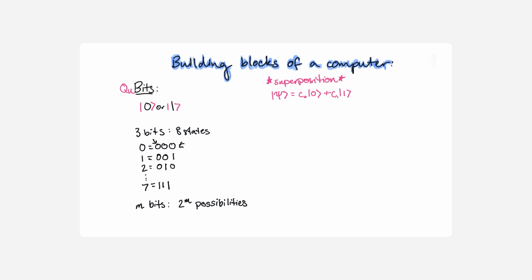These coefficients are generally complex numbers, so they can be written in the form cᵢ = |cᵢ| e^(iφᵢ), where this φ is called the phase. This is a crucial feature of qubits for which there is no classical analog. You'll see this phase show up again and again in videos throughout this series and throughout your quantum computing career.